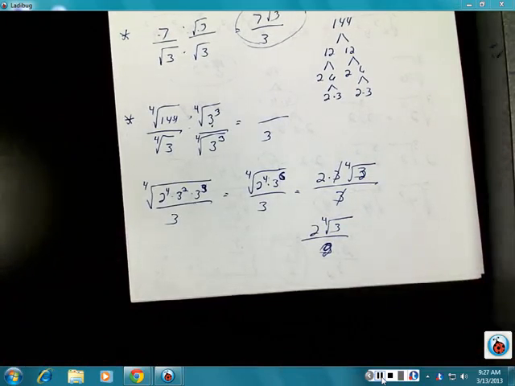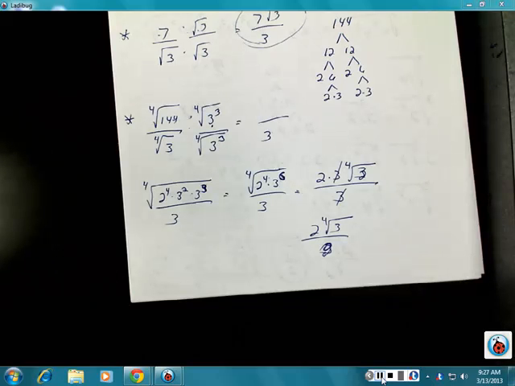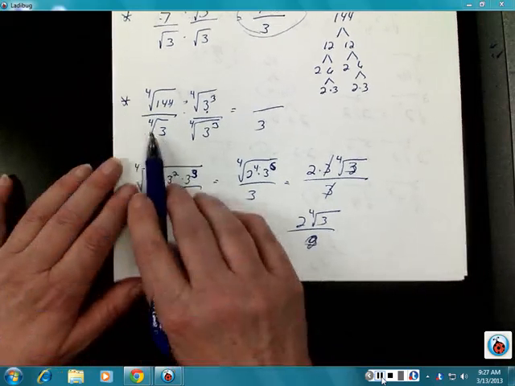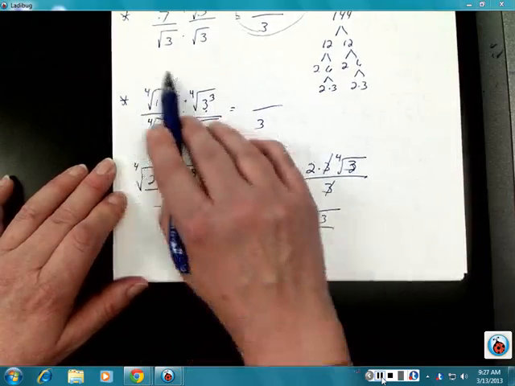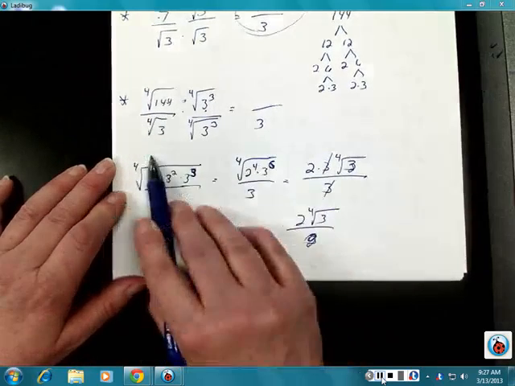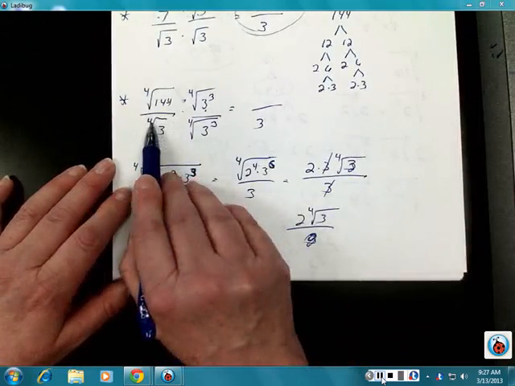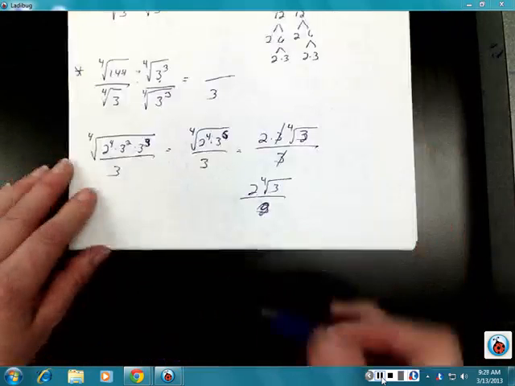So that's the long way with this thing. That's kind of the roundabout way. Hawks doesn't necessarily show you the short way, but I'm going to show you the short way. The short way on this thing is way back in 9.2. I could stick this whole thing under one radical because my index is matched. Remember that?